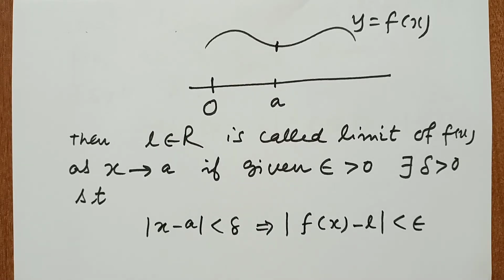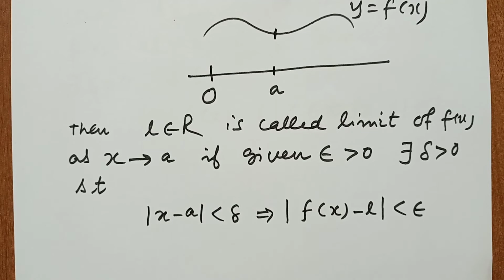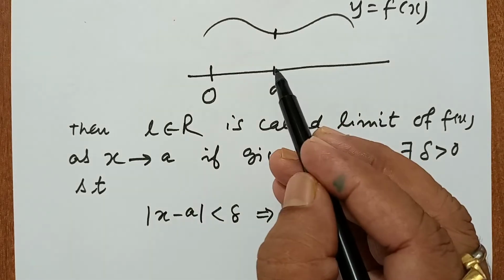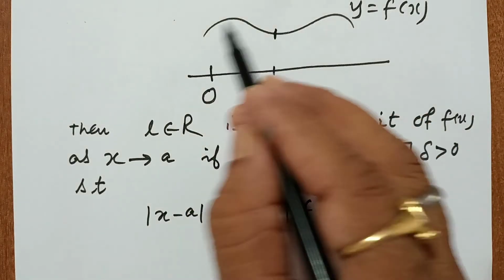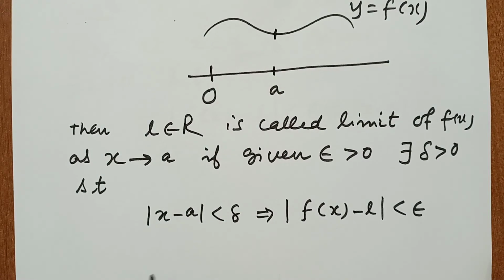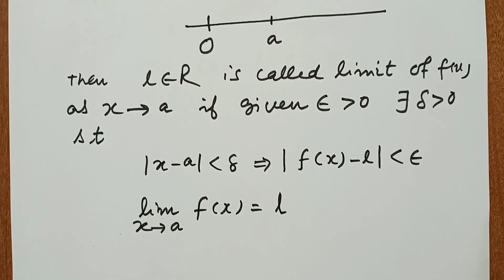Then L is called the limit of f(x) at x is equal to a, and we denote it limit x tends to a f(x) is equal to L. This is the definition of limit of a function.